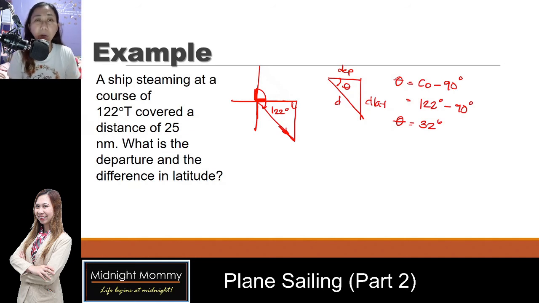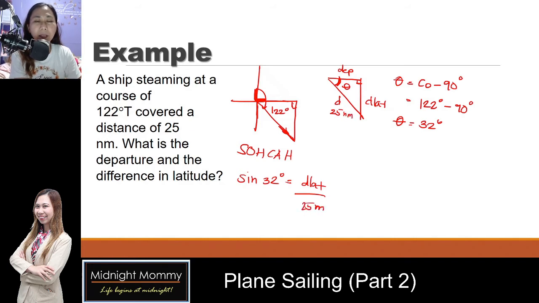And then from here, kukunin na natin yung ating sine and cosine. Okay, so, gagamitin natin yung sine and cosine function. So, yung sine of 32 degrees is equal to opposite side niya. So, kung magbe-base tayo dito sa ating right triangle, kung ito yung ating angle na 32 degrees, so yung opposite side niya is yung dilat. So, this is dilat. Okay, over the hypotenuse, so ang hypotenuse natin is D rito, which is 25 nautical miles.